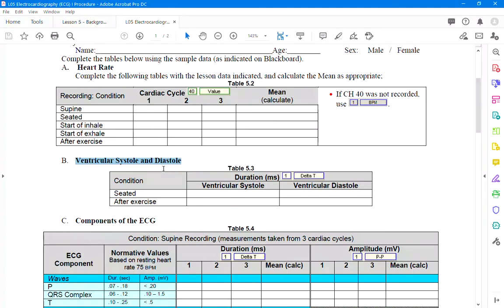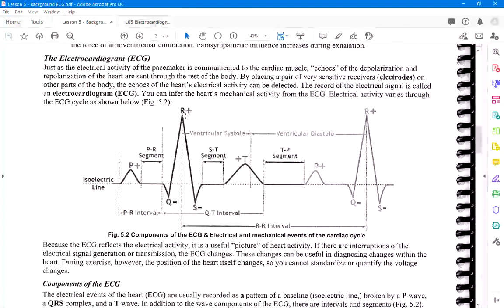Onto your ventricular systole and diastole. Again, take a look at that background document that's posted for you. That's going to assist you with determining what corresponds to ventricular systole and ventricular diastole. We'll go back and take a quick peek. So if we look at ventricular systole, that would be right here. It would go from the R wave to 2/3 of the T wave. This would all be ventricular systole.